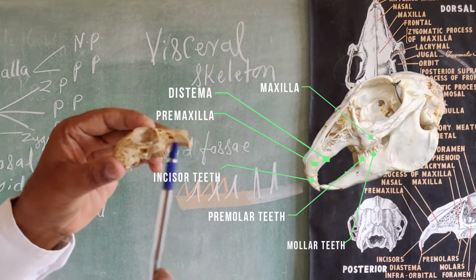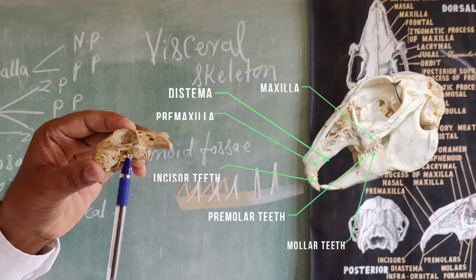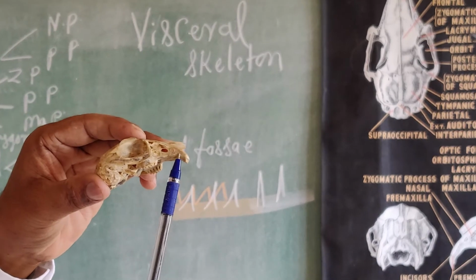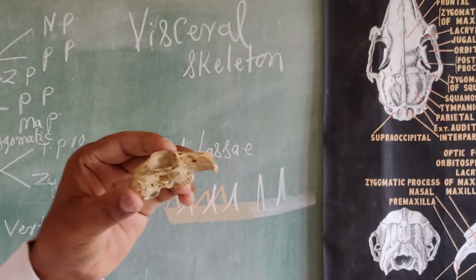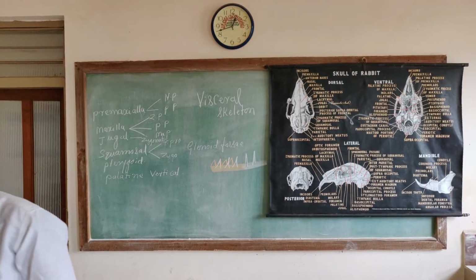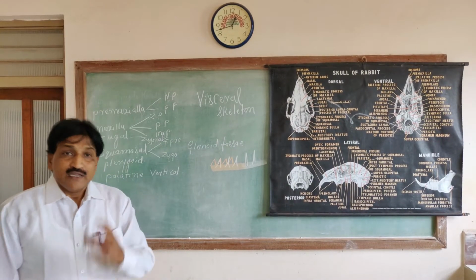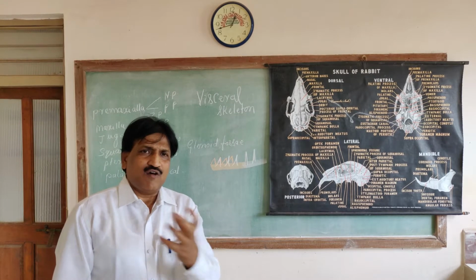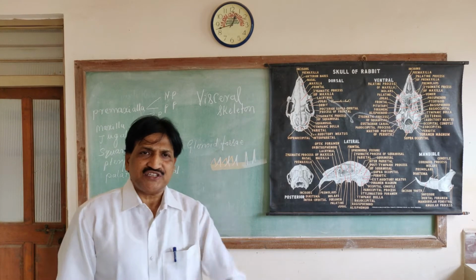This is the premaxilla, and just behind the premaxilla there is a bone called the maxilla. It is a major bone in the case of rabbit. It bears how many sockets? Six sockets for premolar and molar teeth.